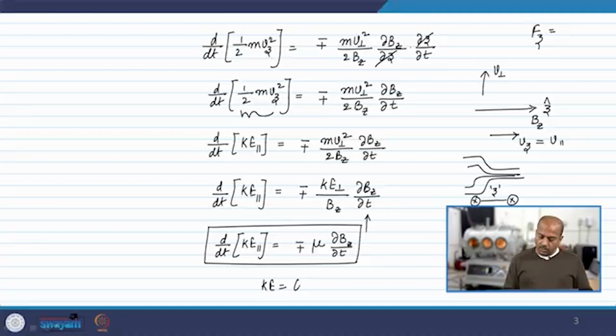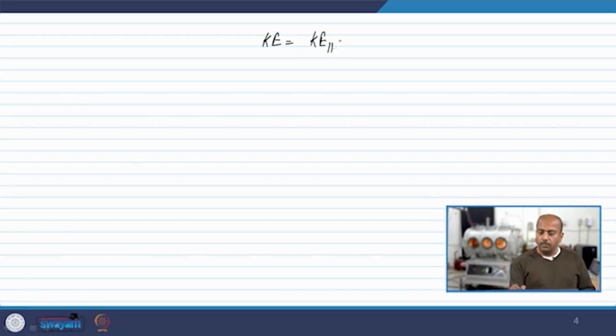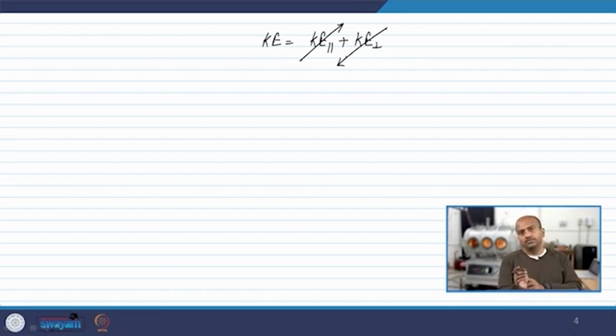So the total kinetic energy has to be conserved. And if you write the total kinetic energy, KE is equal to KE parallel plus KE perpendicular. Right. Now, when this is increasing, the kinetic energy perpendicular has to decrease so as to keep the total kinetic energy constant.